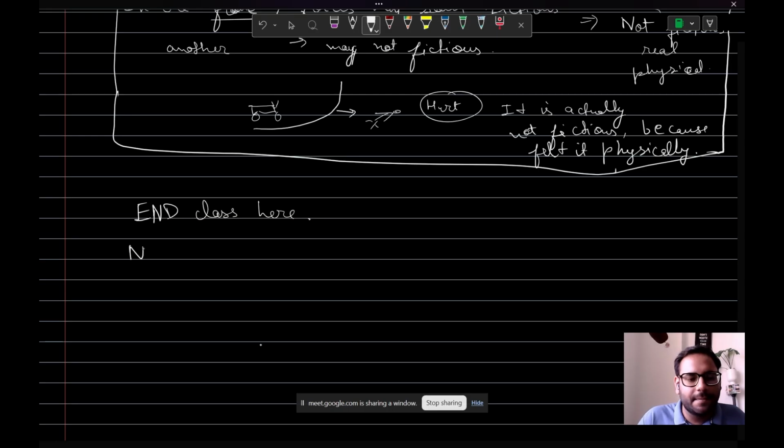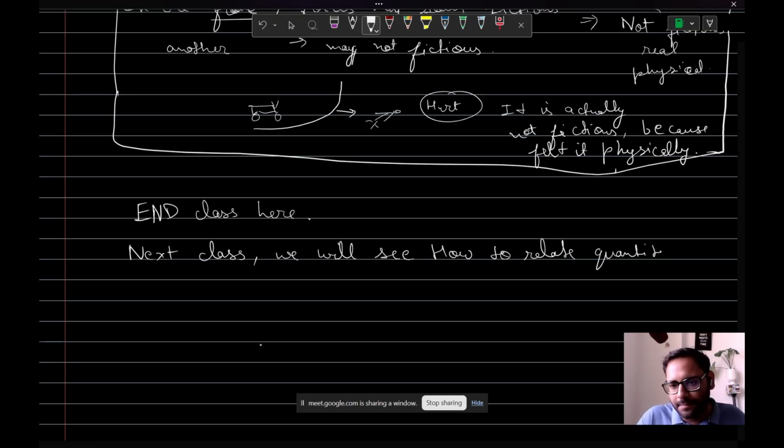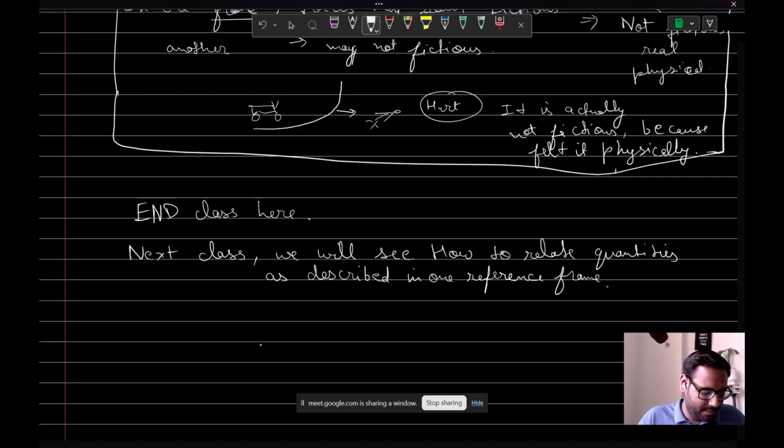And in the next class, we will see how to relate quantities, as described in one reference frame, to another. And how will we see this?